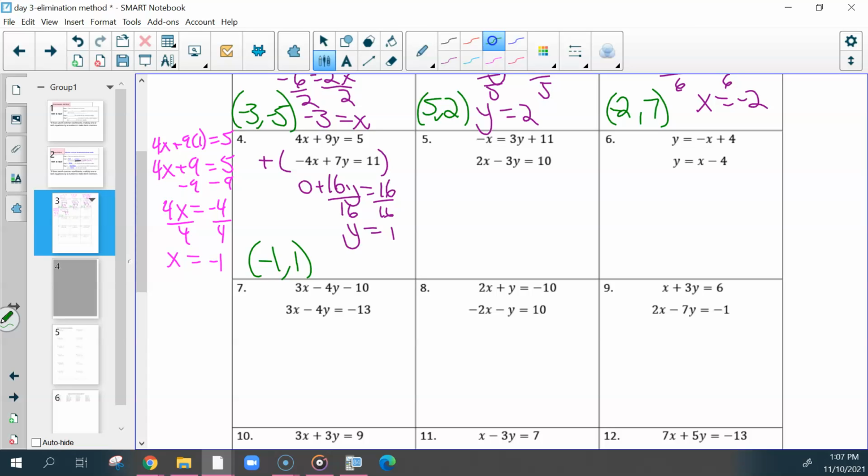You can either move 3y over to the first one so that it lines up with the second one, or you can move this -3y over so that it lines up with the first one. It does not matter which one you do, because at the end you should get the same thing. I'm going to move this 3y over by subtracting. And then I'm going to rewrite that first equation below the second.